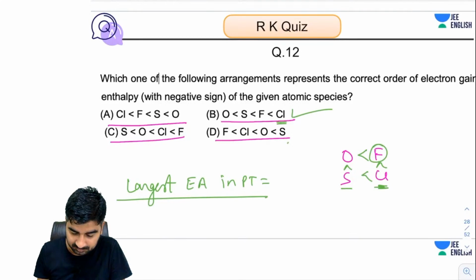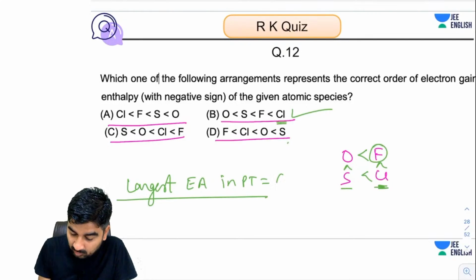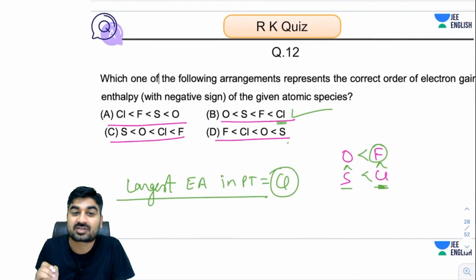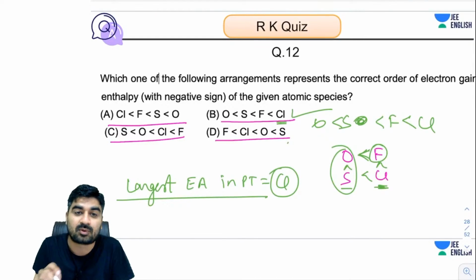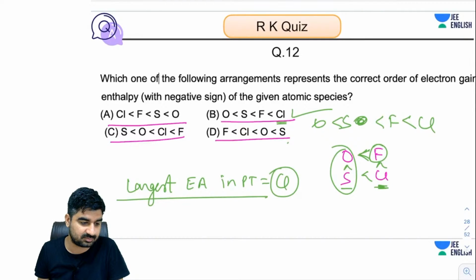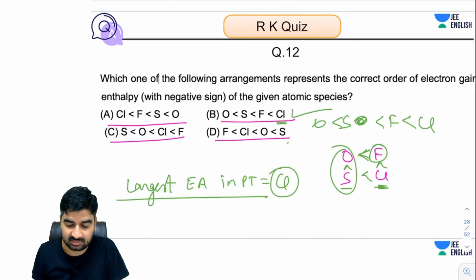Just wait. It is chlorine. And then after that fluorine. So after chlorine comes fluorine, then oxygen and sulfur. Then it will be sulfur and then oxygen, because sulfur has more. Yes, you are right. You people are right.